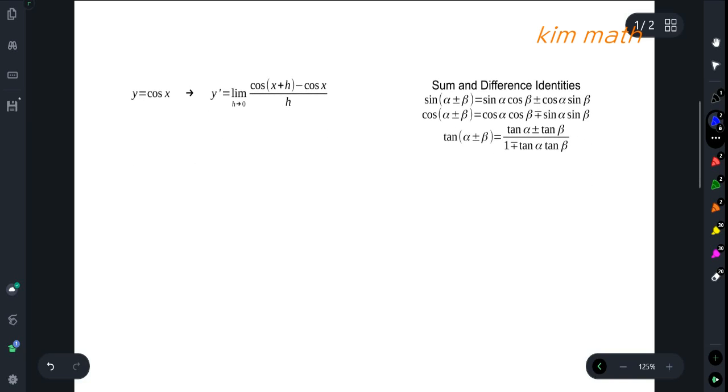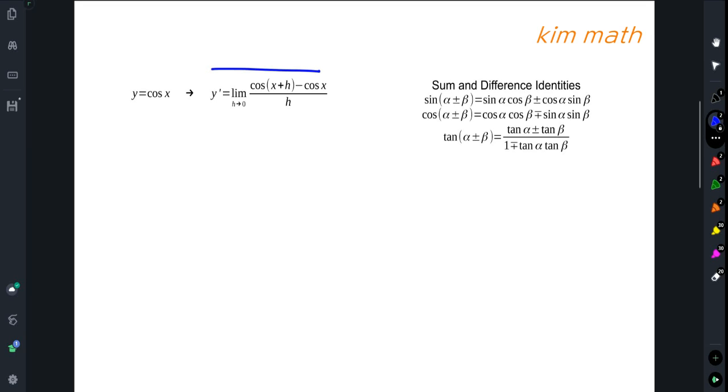Okay, here, if I use the definition of the derivative, I can write the limit of cosine of x plus h minus cosine of x over h, right?